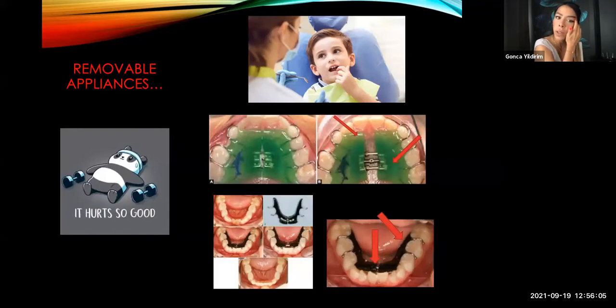Another stuff about removable appliances, I put this picture especially, it's so good. That means if an appliance works as well as we need, it's going to start to hurt the palatal side or the soft tissue parts of the oral mucosa, because the appliance's shape changes and the soft tissue changes when we expand.